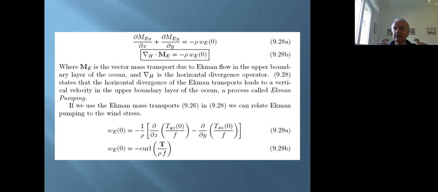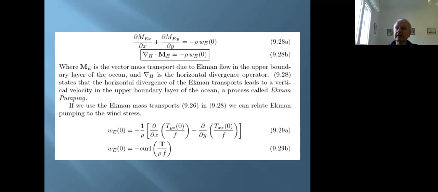So we are calculating to what extent the water in the Ekman layer has been taken away from one place to another. It creates the vertical velocity. This is exactly what we have said. If we have the divergence, so if the left-hand side is positive, then we have the vertical velocity negative, meaning downward, and vice versa.